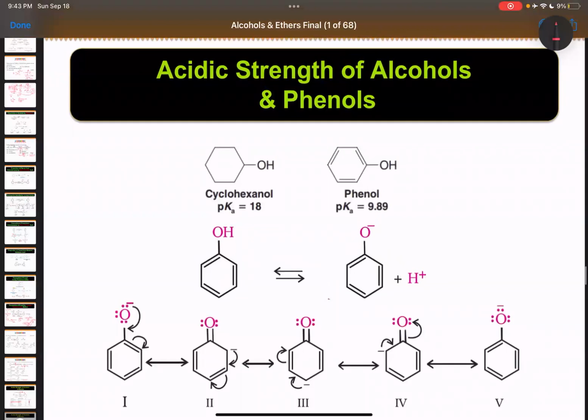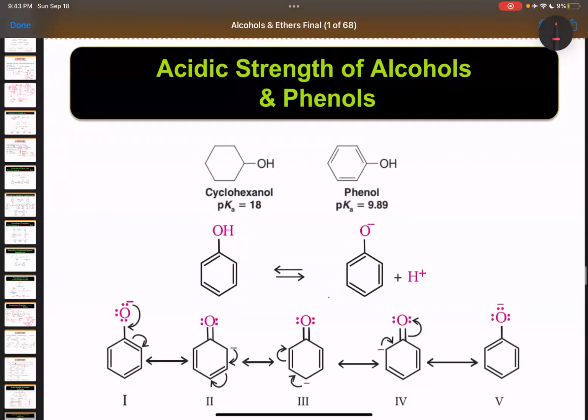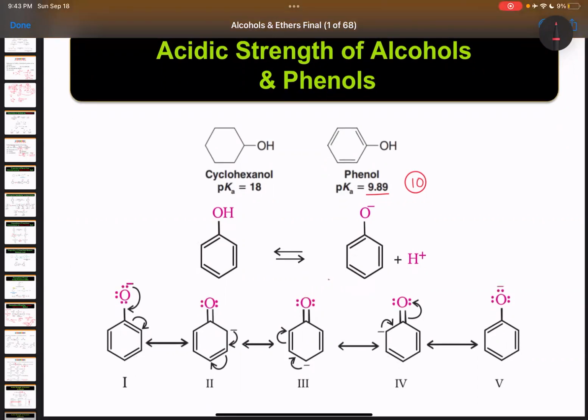So phenol. Why? Phenol pK is 10. You can remember this, rounded off to 10. Okay, sir. So it is more acidic than water, definitely, and normal alcohol. Why? What's the reason? So wherever you have acidic strength, don't try to think on the molecule itself.